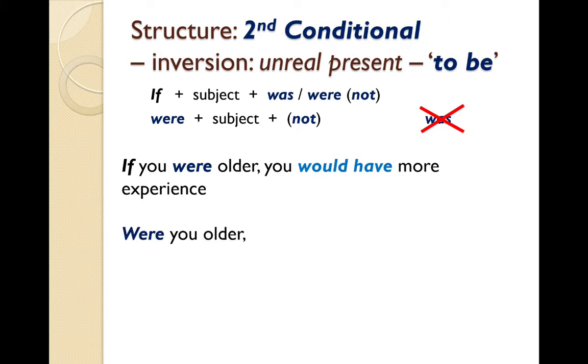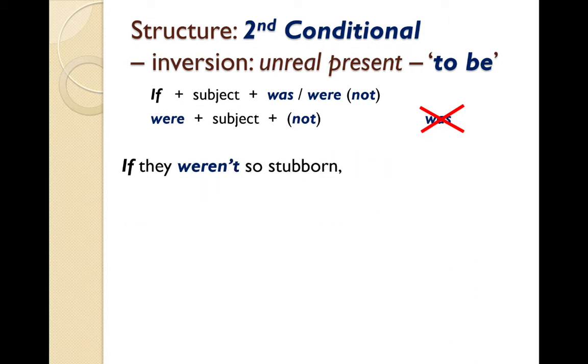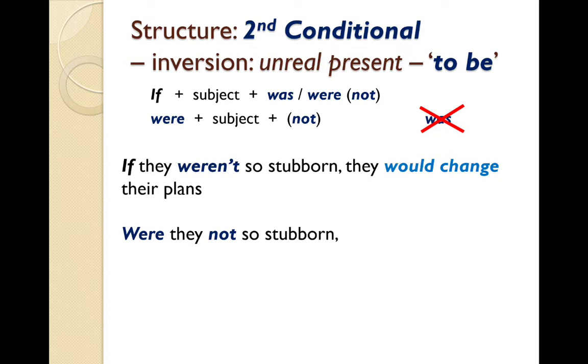Were you older, you would have more experience. Remove if and you were becomes were you. If they weren't so stubborn, they would change their plans. Were they not so stubborn, they would change their plans. If is gone and they were not becomes were they not.